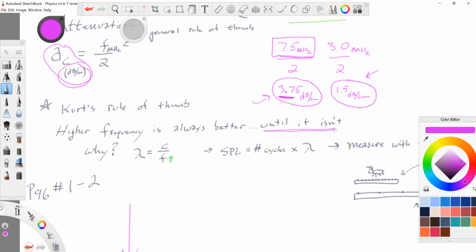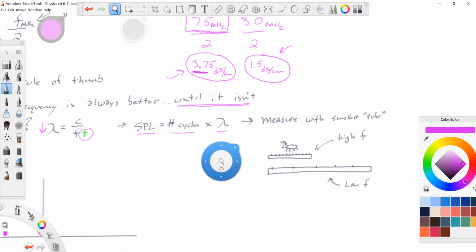Why? When you increase your frequency, you decrease your wavelength, which means your spatial pulse length, which is cycles times wavelength, is going to go down, right?